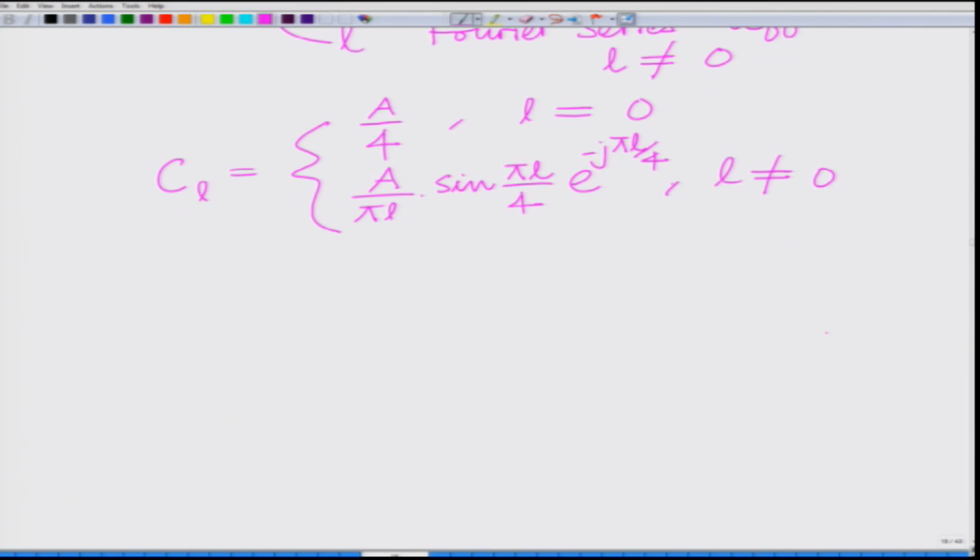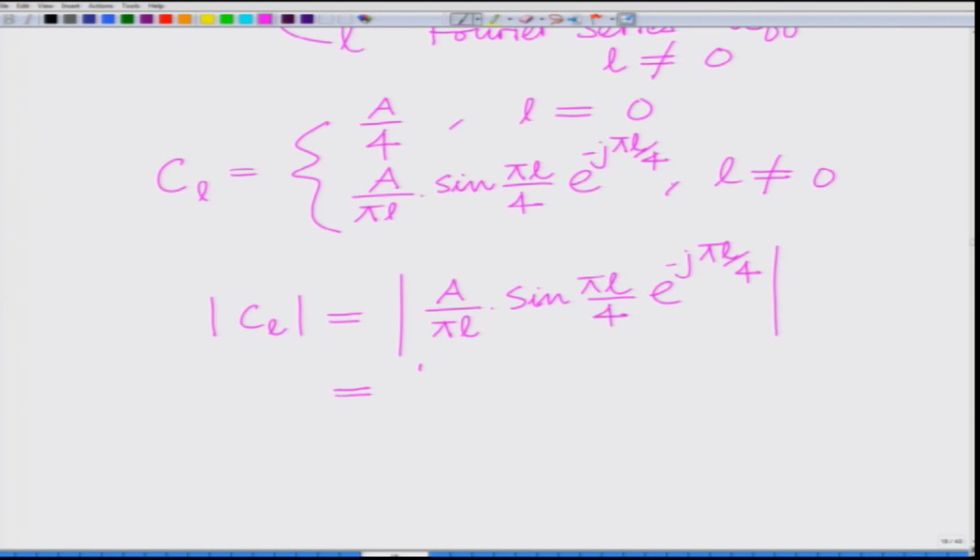And further, if you are interested only in the magnitude, so therefore, we have derived the Lth Fourier series coefficient for this periodic pulse signal, and further we can look at the magnitude. Magnitude of C L is magnitude of A over pi L sin pi L by 4 e to the power of minus j pi L by 4, and magnitude of e to the power of minus j pi L by 4 is 1.